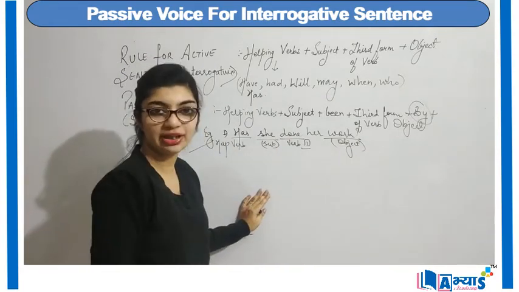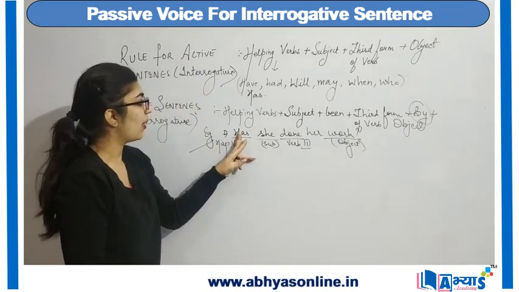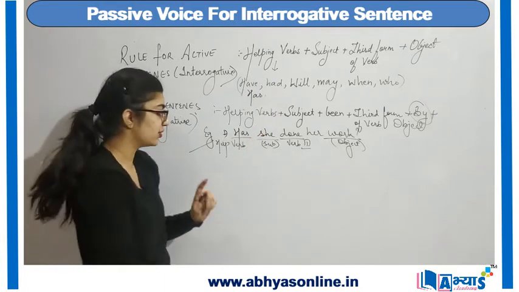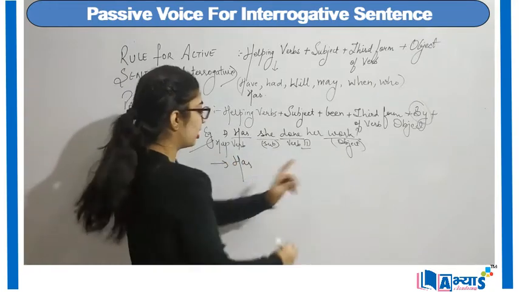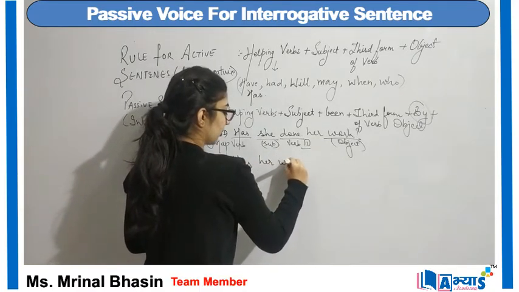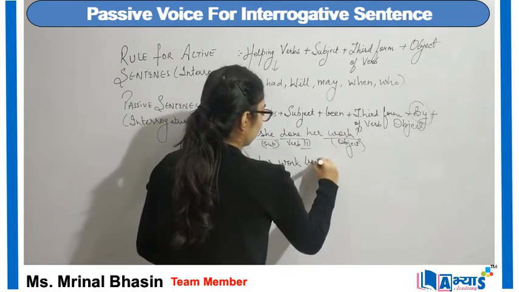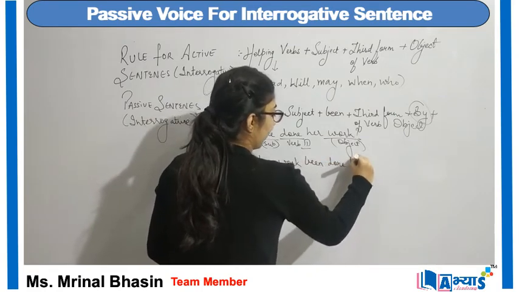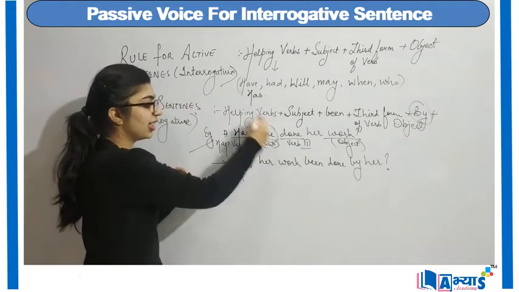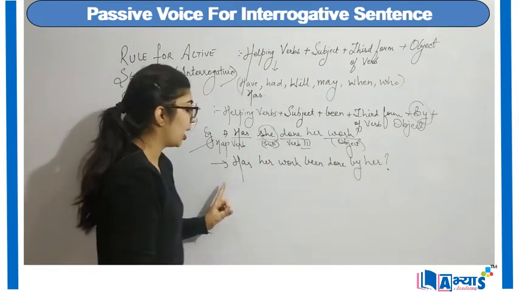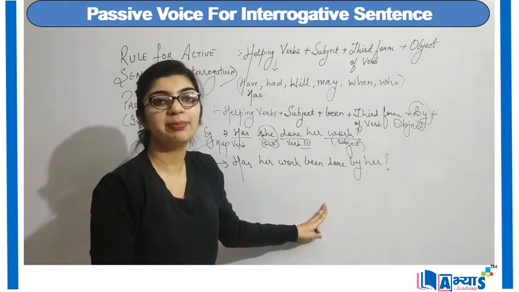This is my simple active form. I want to convert the active sentence into passive. Now I know that my helping verb will not change. So I will say, has her work been done by her? Right, because she gets converted to her. So has her work been done by her? This is my sentence in passive form.